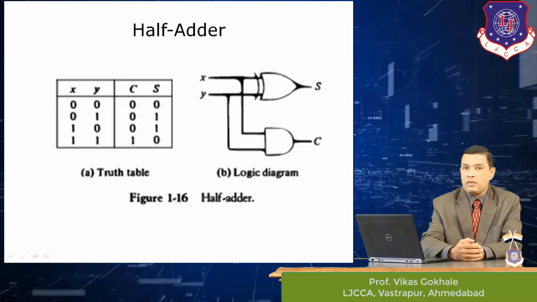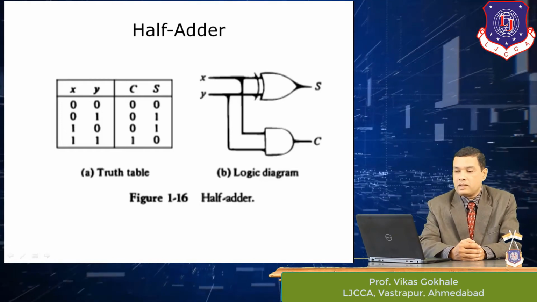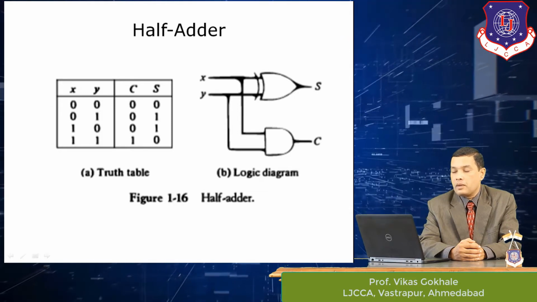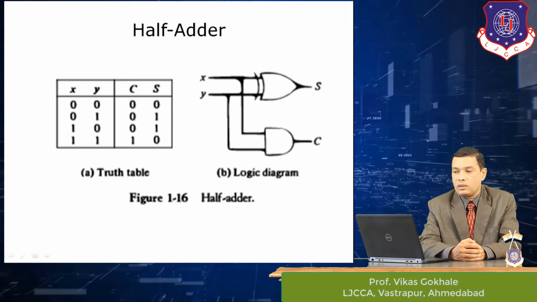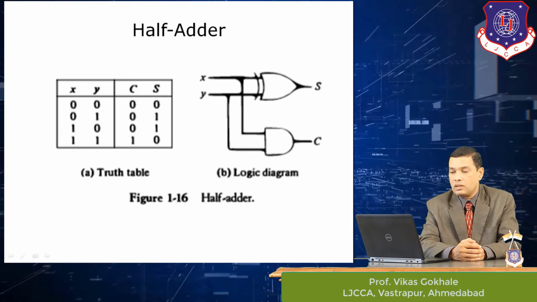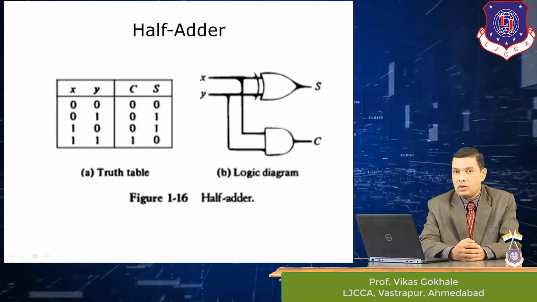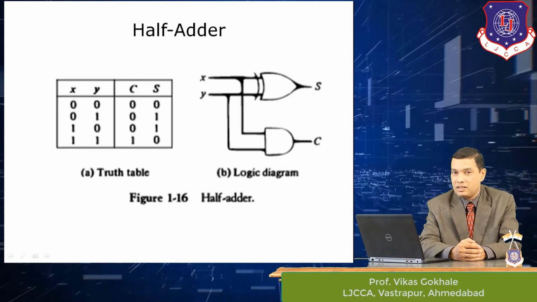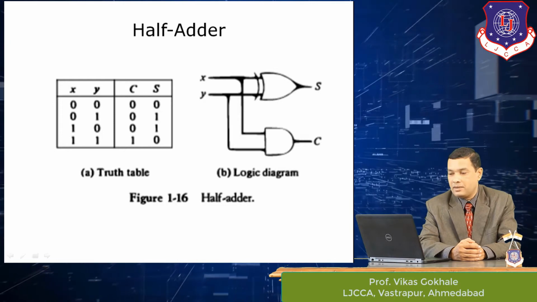Let us go with the truth table first. The first column is the x bits, then column y for the y bits. Then there are two columns, namely C for carry and S for sum. If you observe the third column, that is carry, 1 will exist only when both x and y inputs are 1. This condition is satisfied by an AND gate.